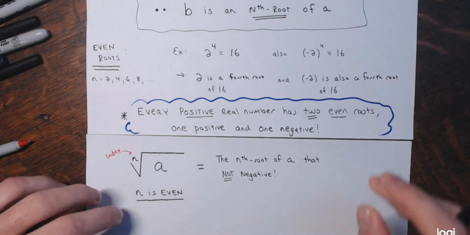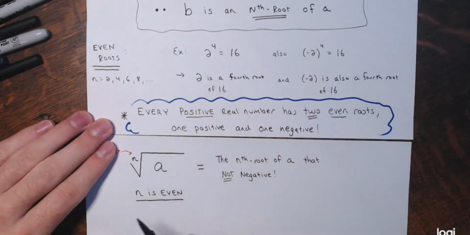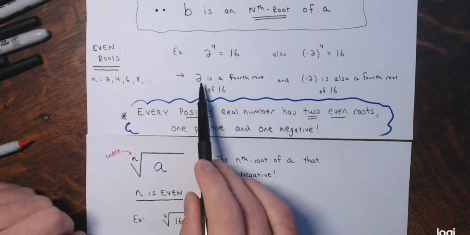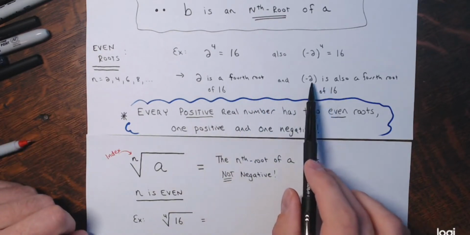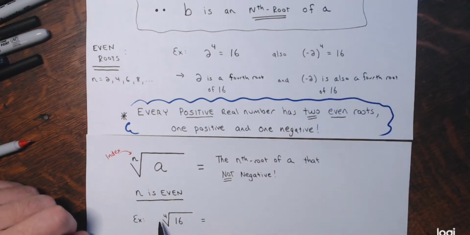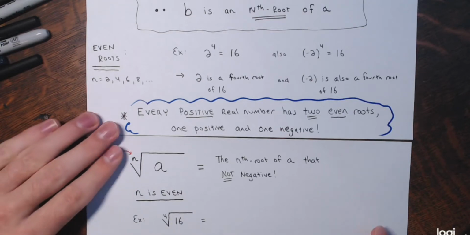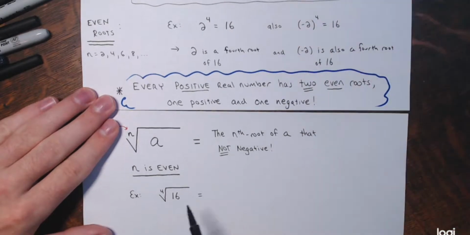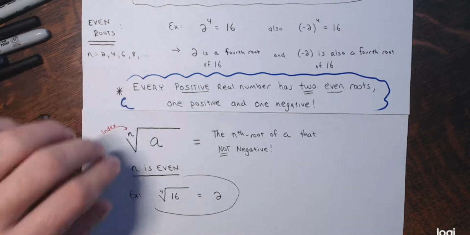Okay, so back up here, if I said, what's the fourth root of 16? Well, we know 2 is a fourth root of 16. We also know negative 2 is a fourth root of 16 from earlier. But once again, you see the radical symbol, and what that's asking you for is the root that's not negative. So the fourth root of 16 that's not negative would be positive 2. Please keep that in mind.